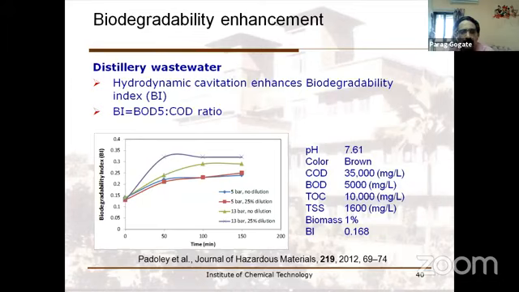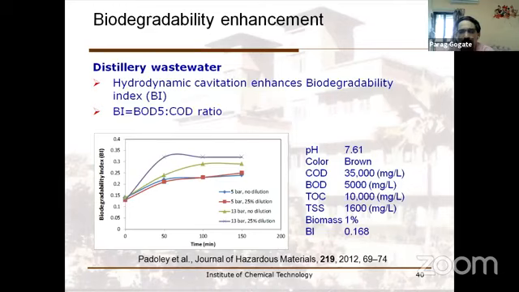If you look at the biodegradability index, it's definitely increasing from about 0.1 to about 0.35. For biological oxidation, the key requirement is that it should be between 0.3 and 0.4. If you have 0.1 as the initial BOD to COD ratio, your biological oxidation is not going to be very suitable. So hydrodynamic cavitation can be used as a pre-treatment, and then you can go to that desired range.